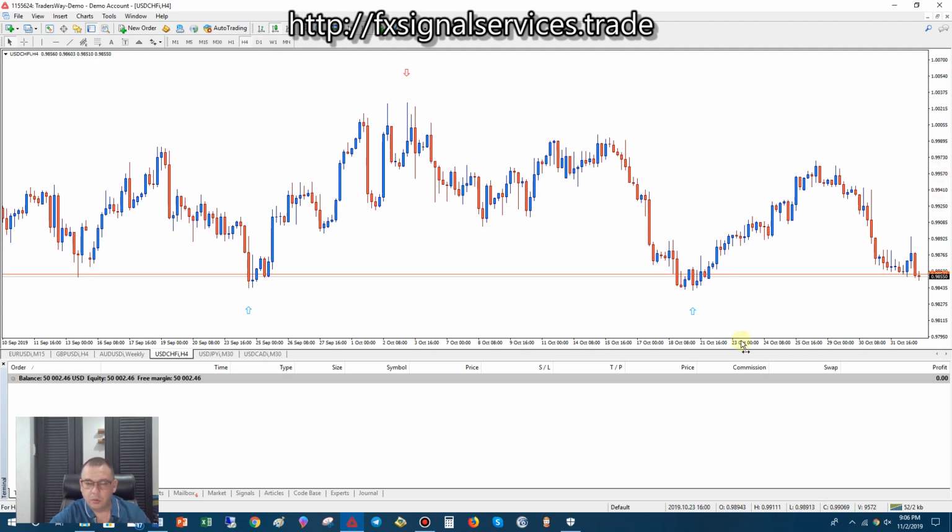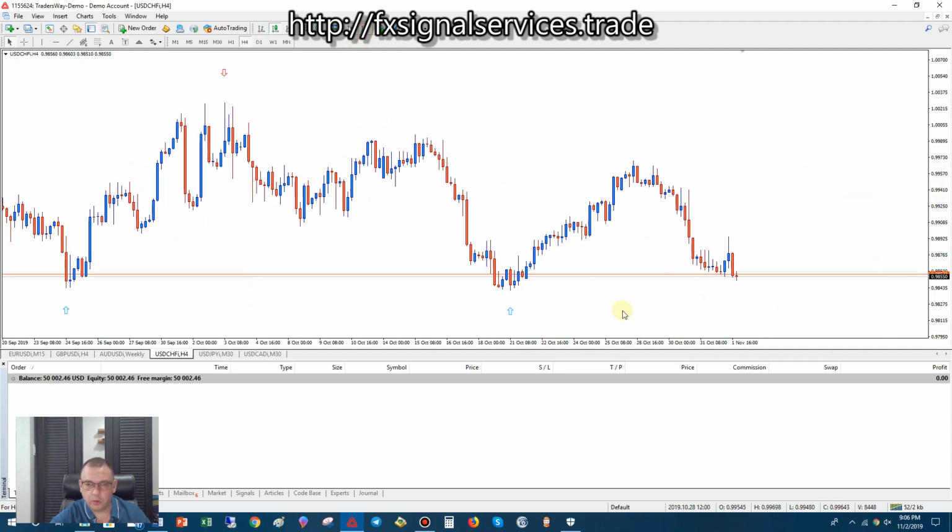All right, we see this strong level of support right here, and I can mark it so you can see, but basically this is the support level, right? It hit here before, went up, came down, hit here, came down again. It's almost at the same level. It has not quite dropped that far.